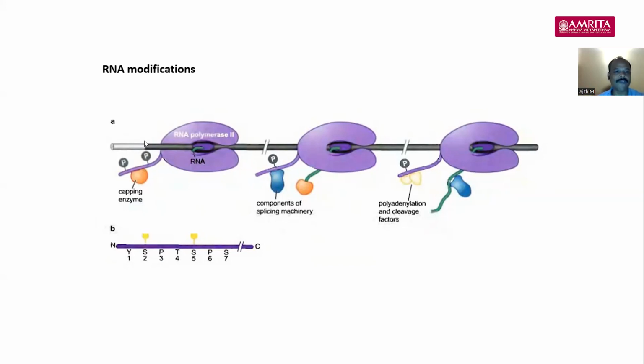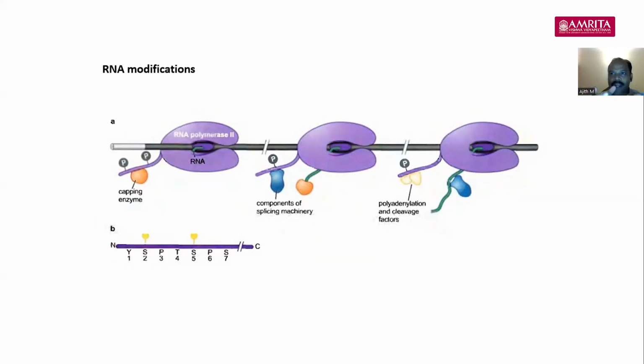I told you about the tail of the polymerase. What is the tail called? CTD tail or C-terminal domain tail. So for example, see here, when the polymerase is moving, the tail gets modified differently. In this case, 2P has been indicated here.